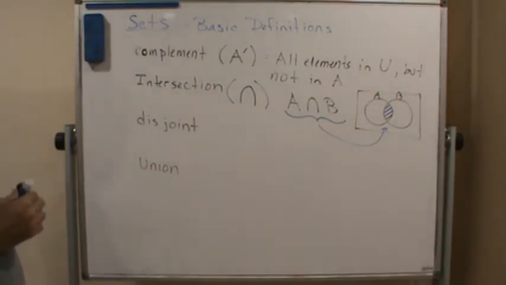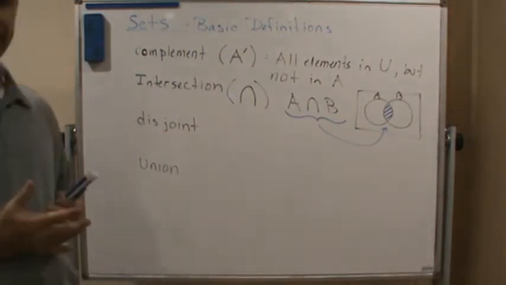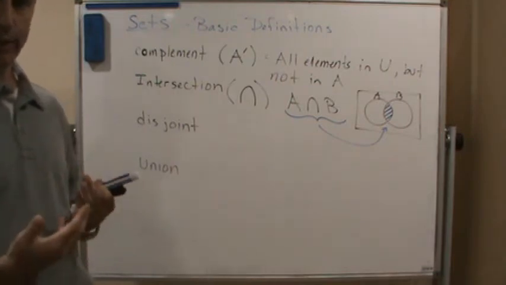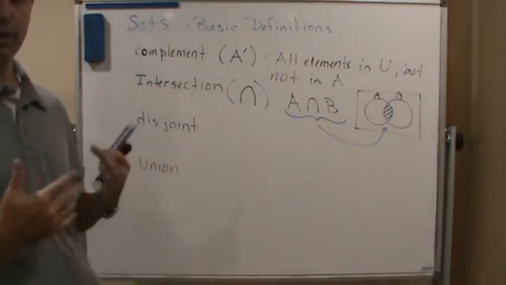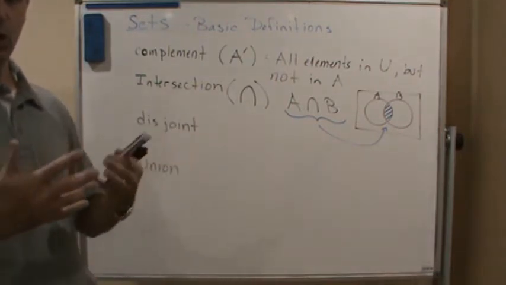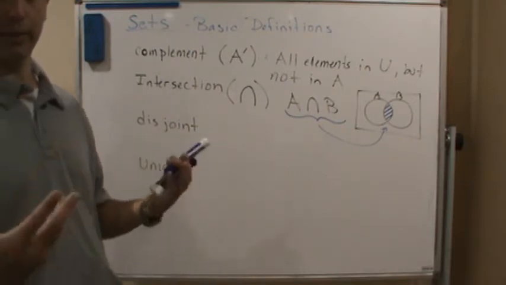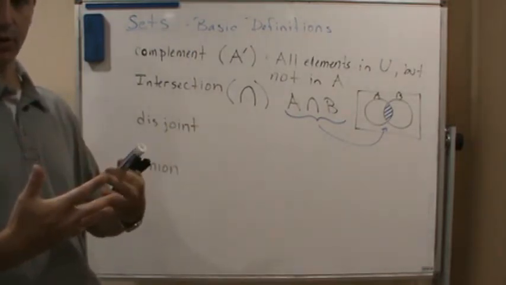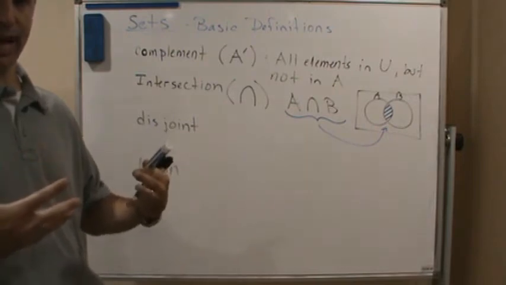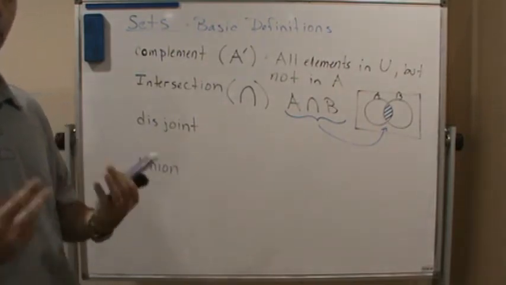Now, disjoint. What does disjoint mean? Disjoint means that there is no intersection. If we have two disjoint sets, there's no overlap. Two disjoint circles are circles that do not overlap, or what we call mutually exclusive.